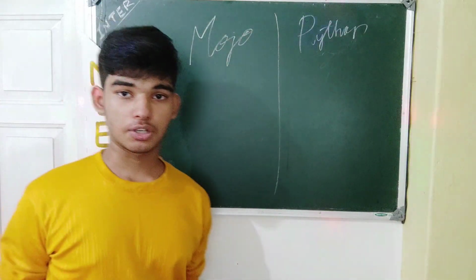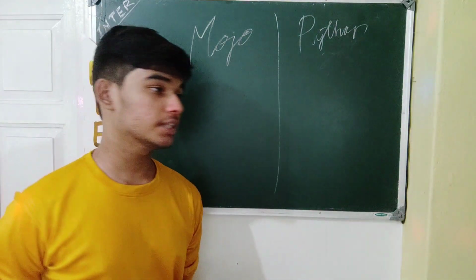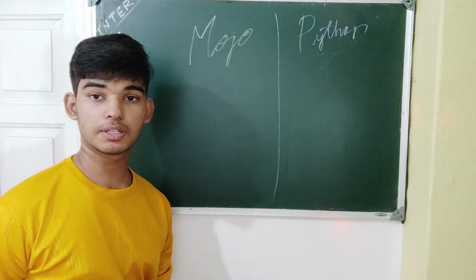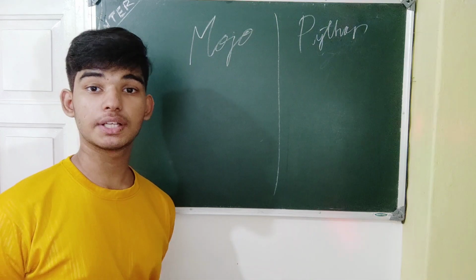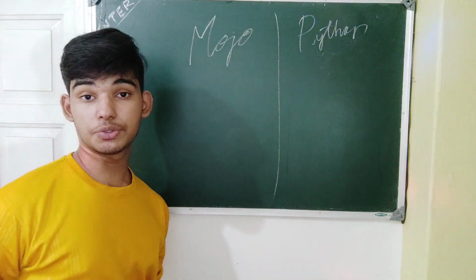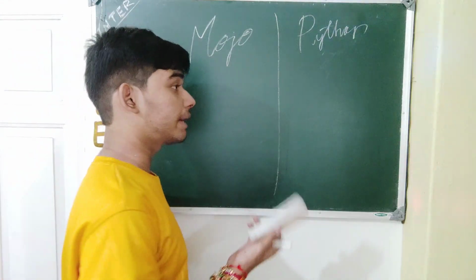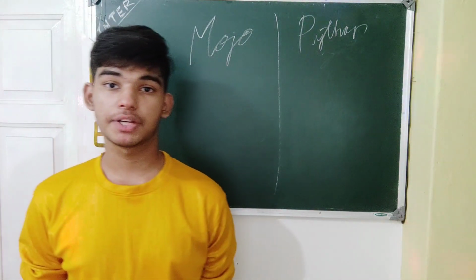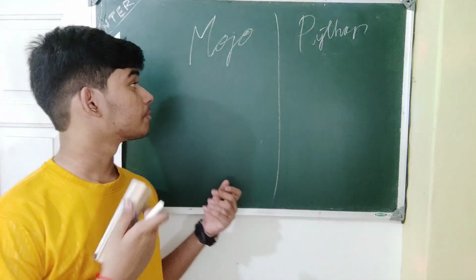So first of all, Mojo, we can take it as a statically typed language. This means that the data types of the variables are declared. This makes the code harder to read, but it does reduce the probability of getting an error. On the other hand, Python is a dynamically typed language, so the data types of the variables are not declared.